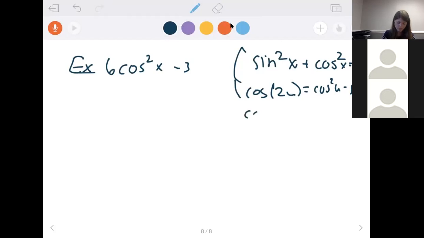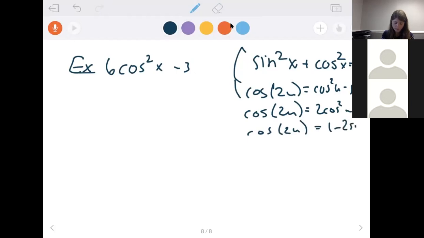And let's go ahead and write them out. So we have 2 cosine squared u minus 1. And 1 minus 2 sine squared u. Because when I see this now and I have them in front of me, I could do some manipulation with this guy. Okay?